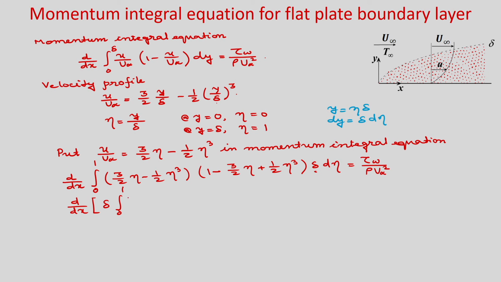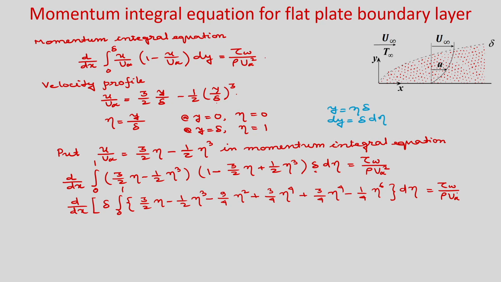So, you will get 3 by 2 eta minus half eta cube, then minus 9 by 4 eta square plus 3 by 4 eta to the power 4, then you will get 3 by 4 eta to the power 4 minus 1 by 4 eta to the power 6, okay, into d eta is equal to tau w by rho u infinity square. So, if you rearrange it, what you will get?